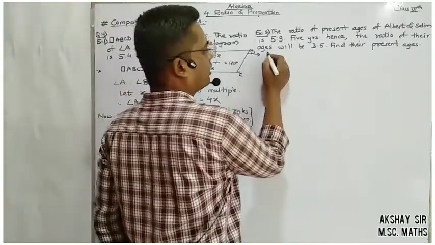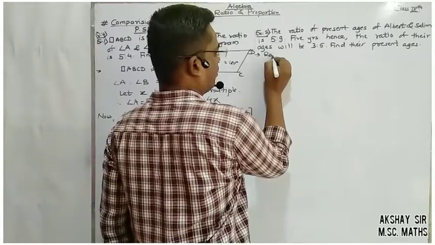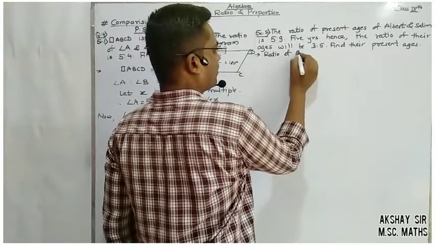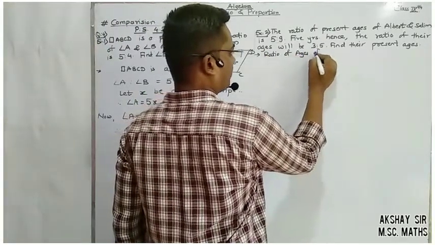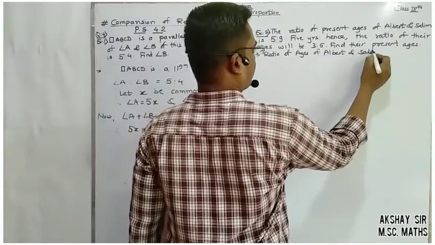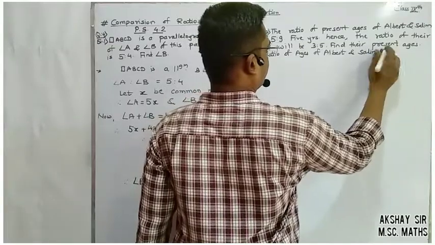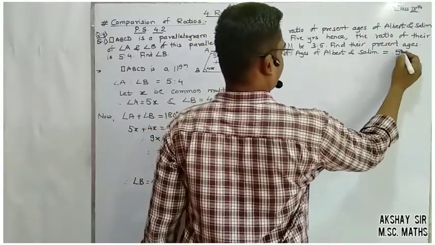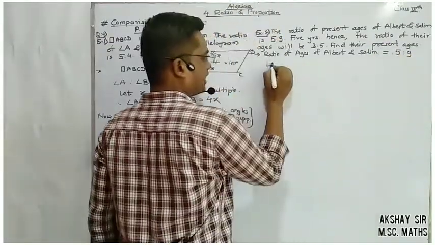So first of all, given information: the ratio of ages of Albert and Salim is given as 5:9. So we consider x as the common multiple.